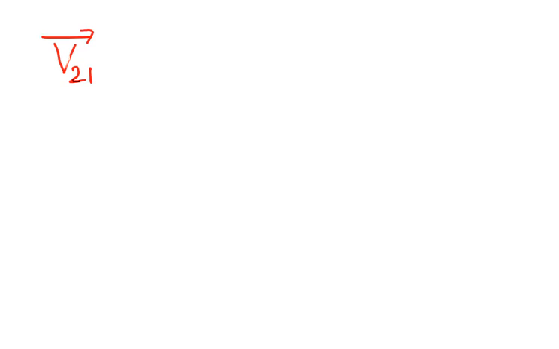Suppose I am taking V2 with respect to V1. This is actually V2 bar minus V1 bar. What is this V2 bar minus V1 bar? Why we are writing like that?